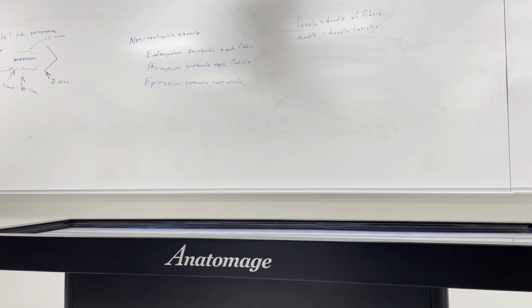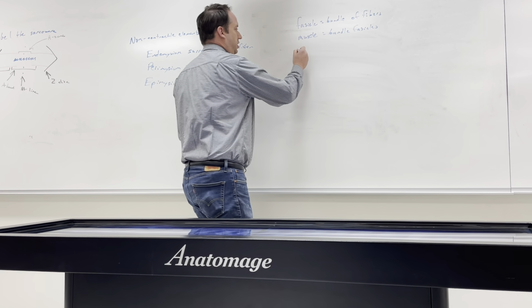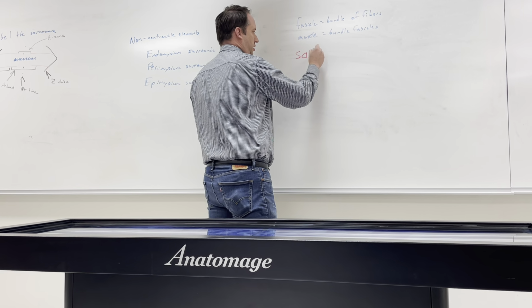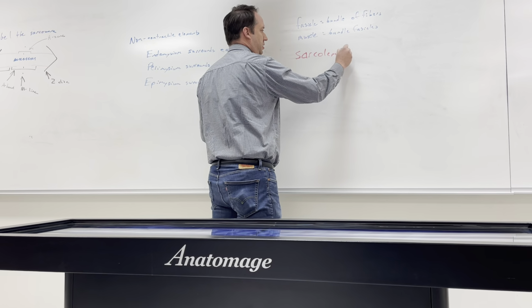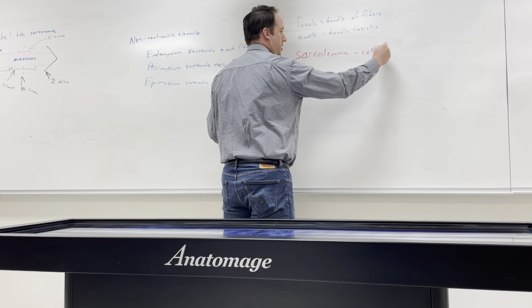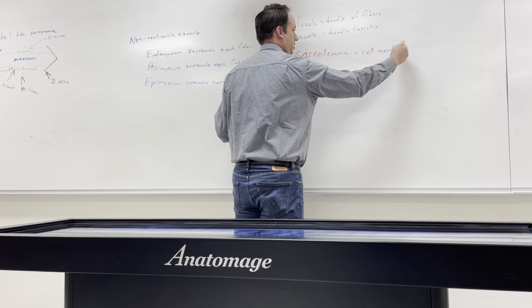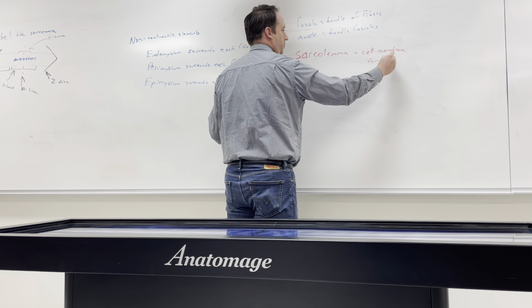In this case, this is just flat out knowing what those things are. There are some other ones where you just need to know what those words mean. Like, you should know that the sarcolemma is the cell membrane for muscle fibers.